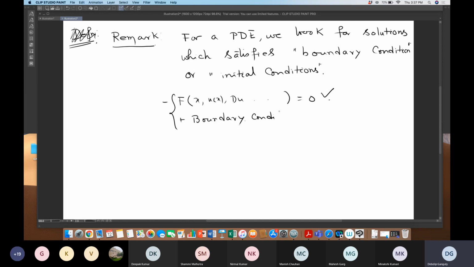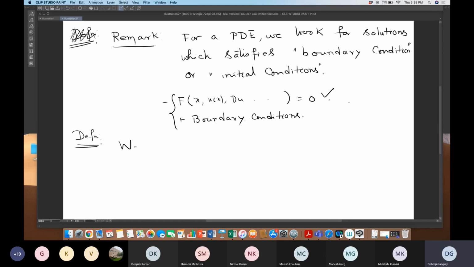That should be natural, right? We'll see why. Like for a first order ODE, we always give some initial condition. In PDE, we have either a boundary condition or some initial condition. So we look for a solution which satisfies this expression equal to 0 and also satisfies the boundary conditions.